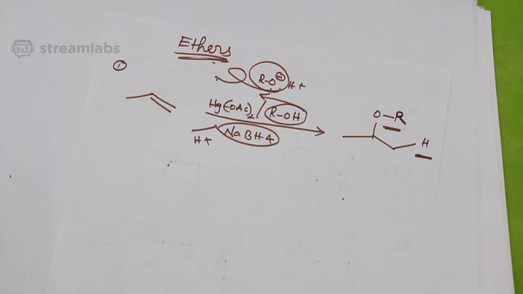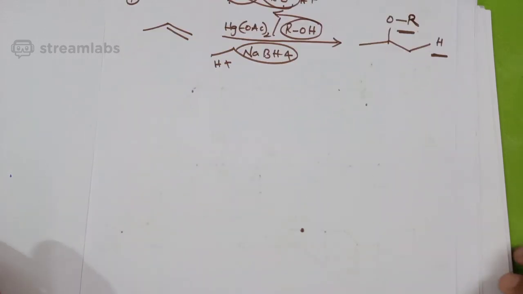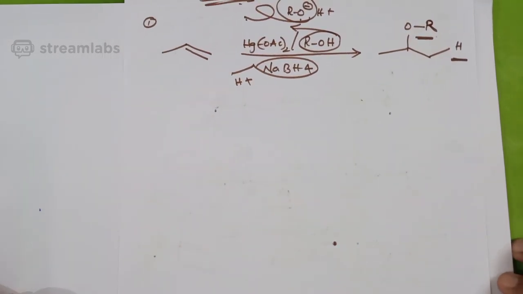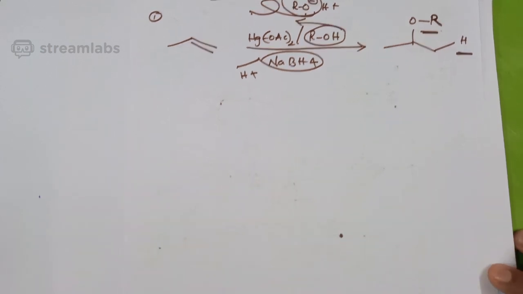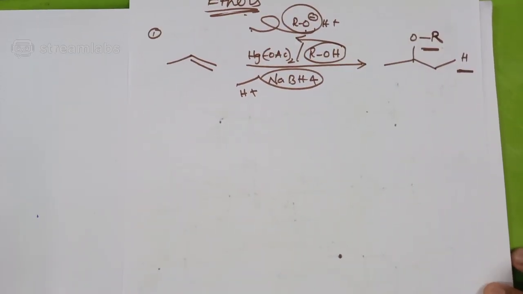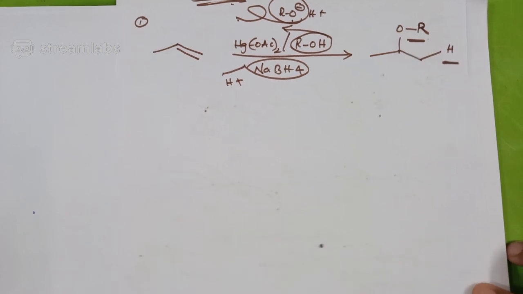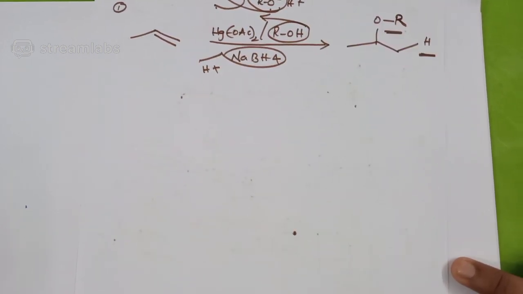Okay, and Williamson synthesis we already discussed earlier, in the last section, so just go through it, you will get the idea. These are the main preparations of ether, and a few more are there, you can study them from your NCERT textbook. Then the most important concept from this chapter, maybe in 2020 NEET we can expect this question, chances are more, that is the reaction with HI.